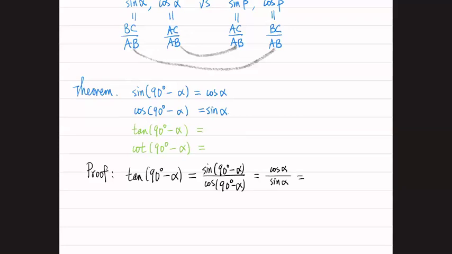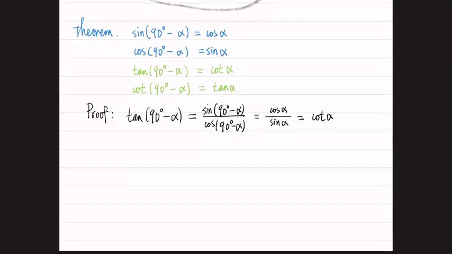What's this function? Cotangent. So this will be cotangent. In the same way, you can verify this is tangent. Properties about the sine function, cosine function, tangent, and cotangent for complementary angles.